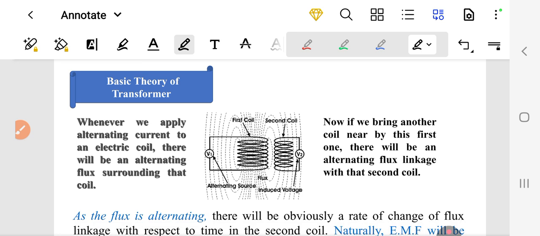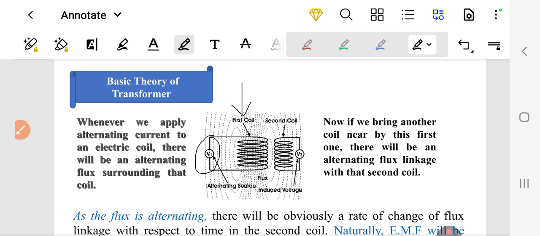The basic theory for a basic transformer is that when we apply alternating current from the source to an electrical coil, which is the primary coil connected to the source, flux will be obtained surrounding the coil, which is the flux lines shown in the figure, confined through the primary winding.